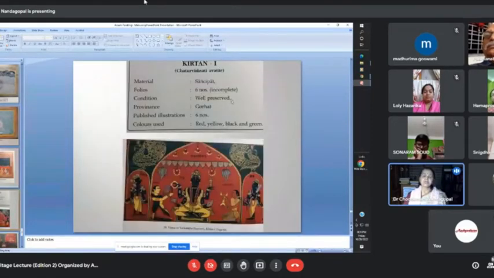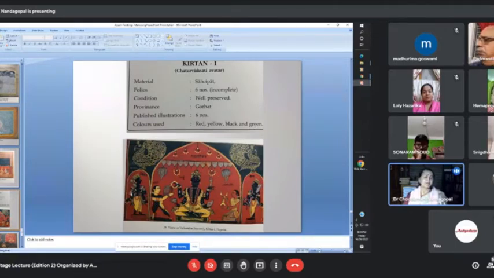Now we come to the last one, Kirtan. So in this Chaturvimshati Avatar, as I said, 24 forms of Vishnu. This detail is given. Only 6 folios in number, so that means to say it is an incomplete text. It has come from Goda and is well preserved. So here you see more use of black in this particular painting.